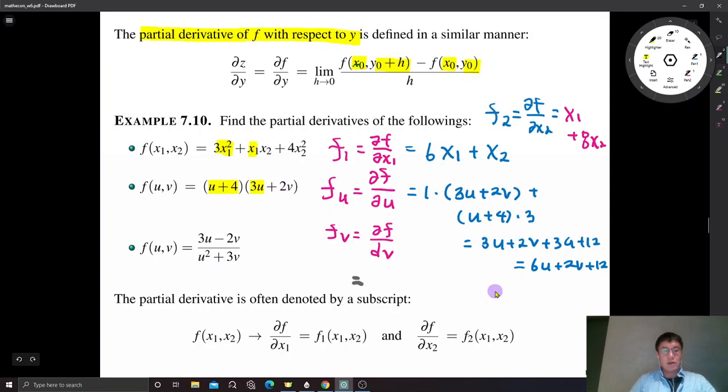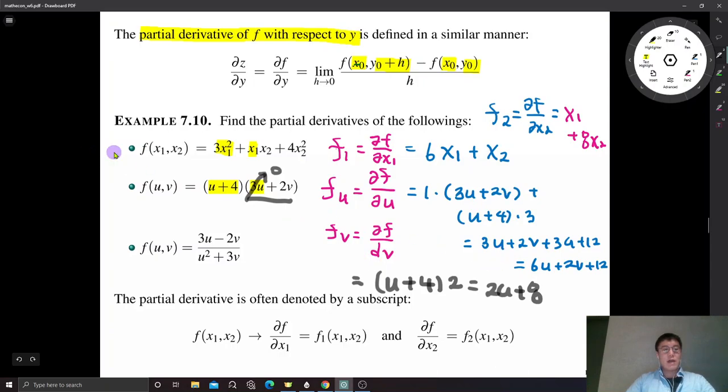So we just leave the first term, u plus 4, because this constant is multiplied by a function of v. Okay, and then we take the derivative of the second term with respect to v. So 3u goes away, and we are just left with 2. So 2u plus 8.